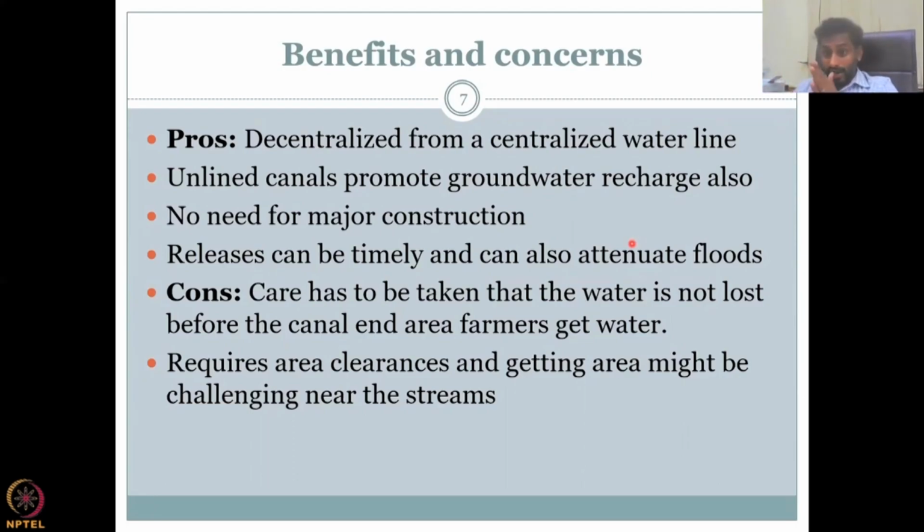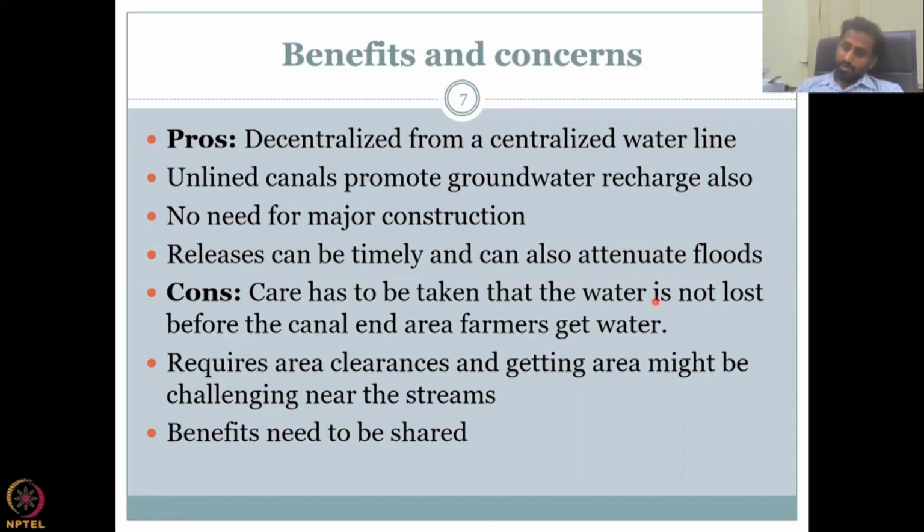And it requires clearing of land. Look at all these images that I've shown. There's a big piece of land that you clear and nothing grows on it. So you have to maintain that it is going to be a land used only for recharge, nothing else. No houses, no crops, no forest can grow.